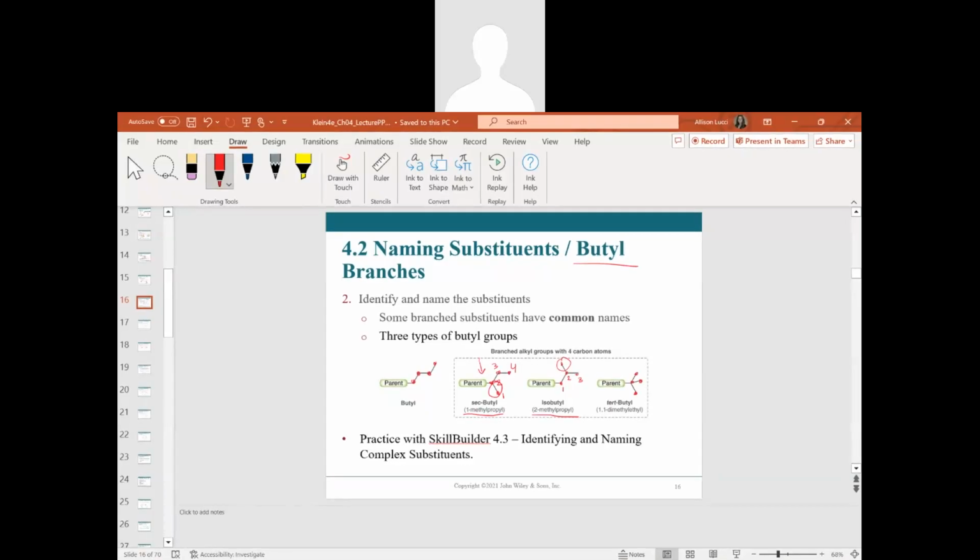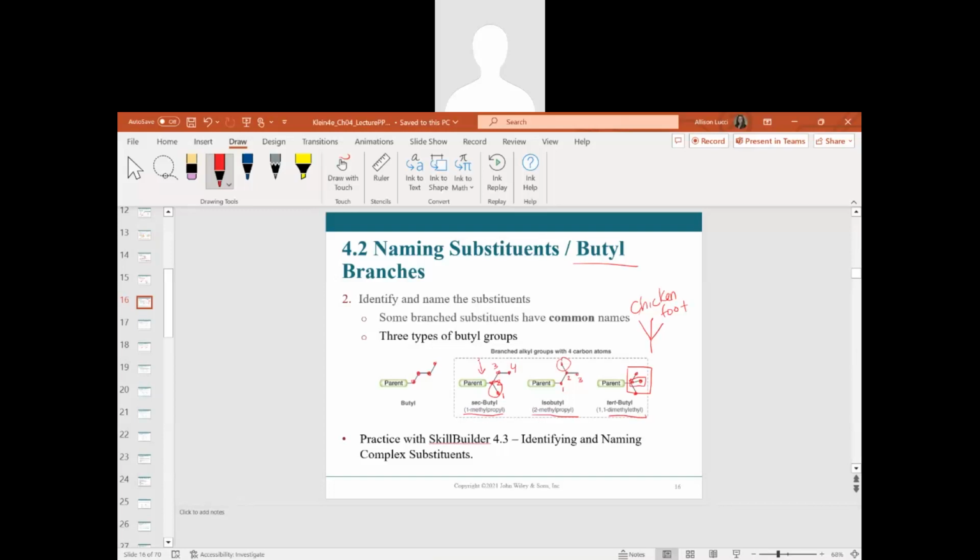Last but not least, this structure here, you'll see stuff like this. Some students call it a chicken foot for fun, and it helps them remember that this chicken foot is a tert-butyl group. And that's what we see here. So it's a tertiary butyl. So if we were to name this, our longest chain would then be 2 carbons in length.